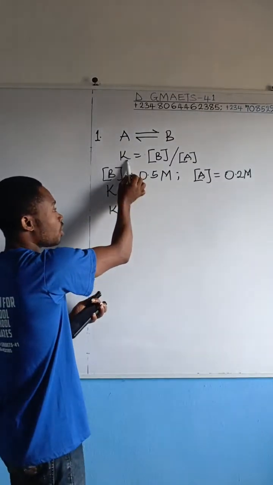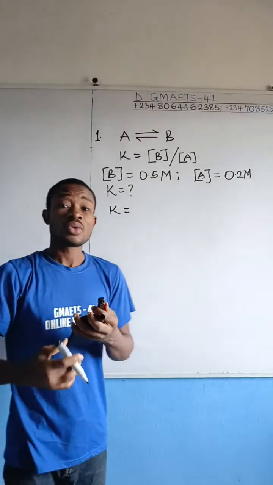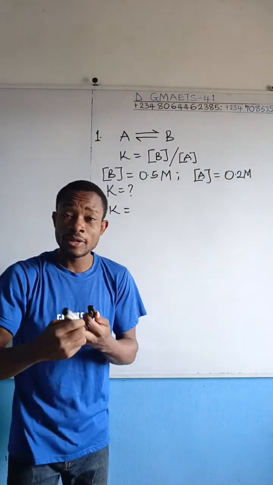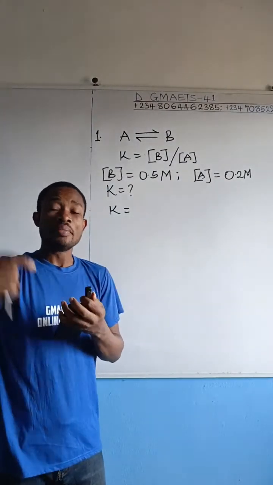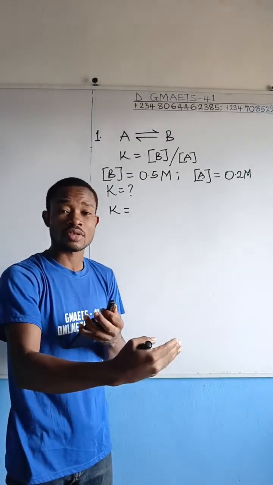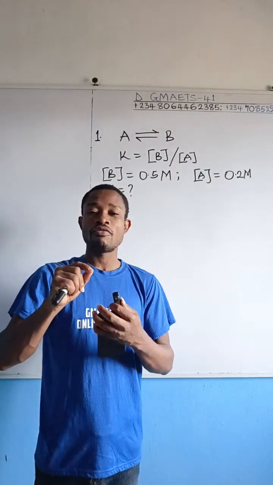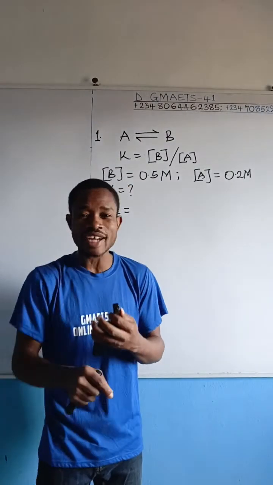This is the equilibrium constant formula for this reaction. Because the equilibrium constant formula is K equal to the multiplication of the concentration of the products divided by the multiplication of the concentration of the reactants.